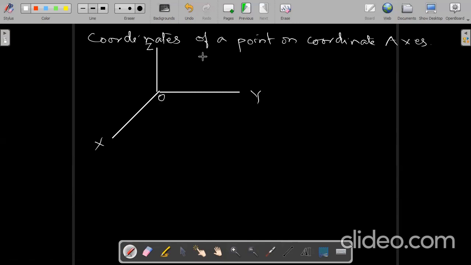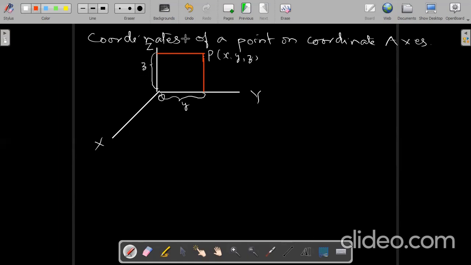If P is a point in space, then its coordinates will be x, y, and z. That means when you drop a perpendicular from P on the y-axis and on the z-axis, this length on the y-axis will be y, and this length is z.